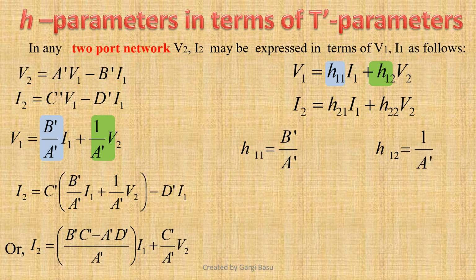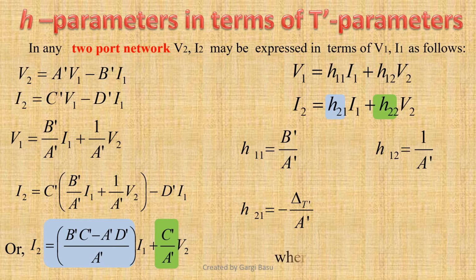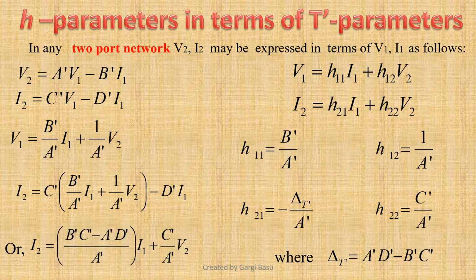By comparing the expressions of I2, we get H21 = -ΔT'/A', where ΔT' = A'D' - B'C', and H22 = C'/A'. Now we have derived expressions of H parameters in terms of T-dash parameters.